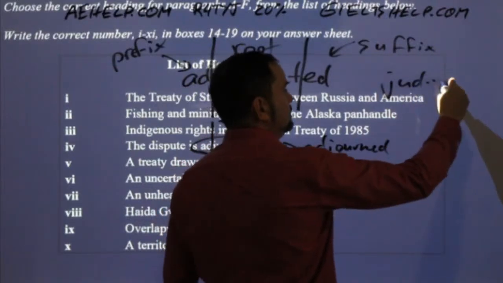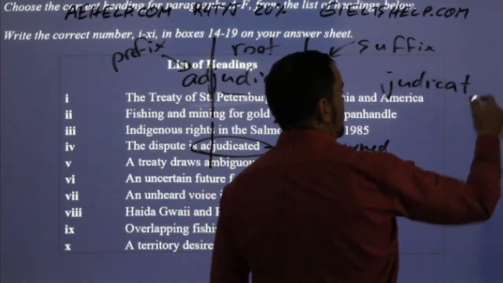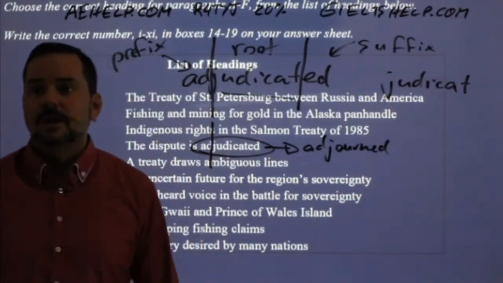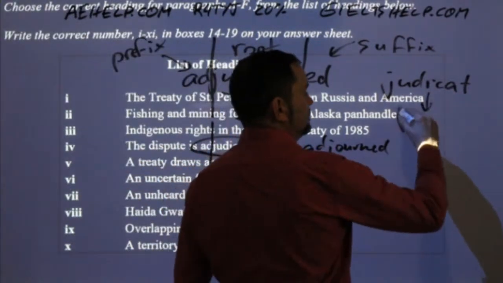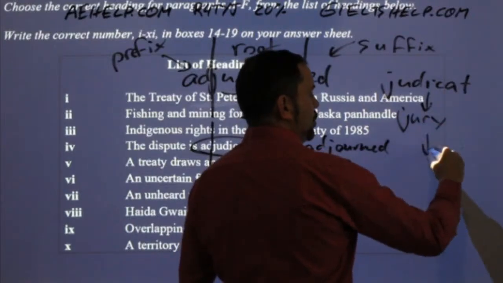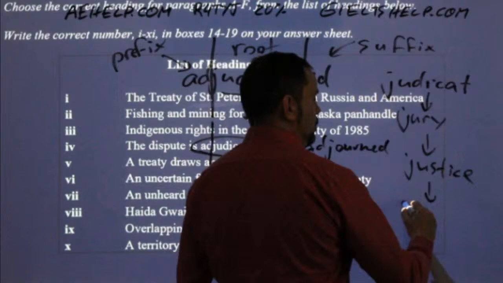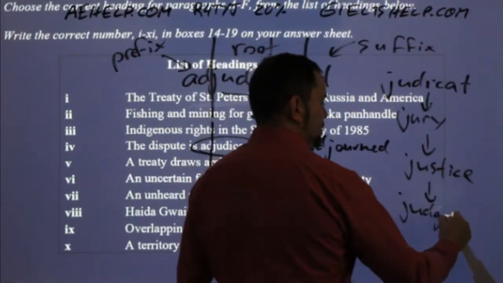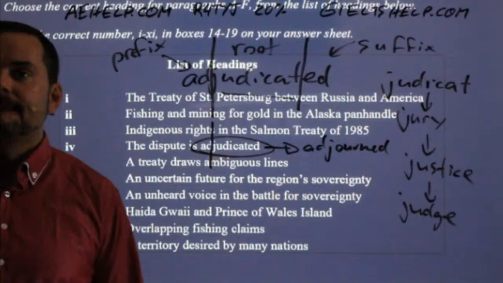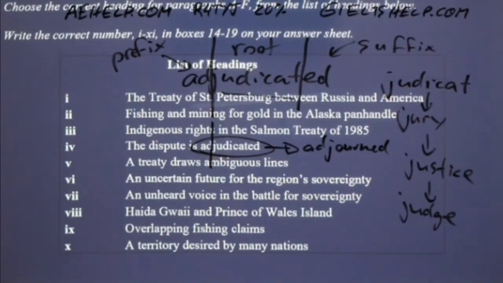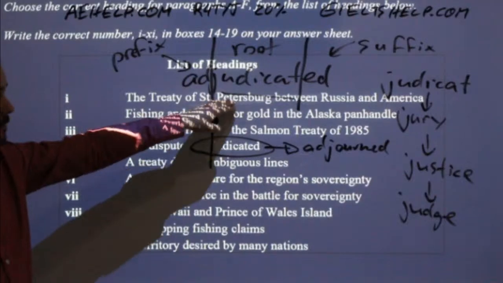Judicate. Okay, so Natalie says the word jury comes to mind. The word justice. The word judge. Very good, Tanya. Absolutely. So when a word is unclear, don't panic, don't freak out.